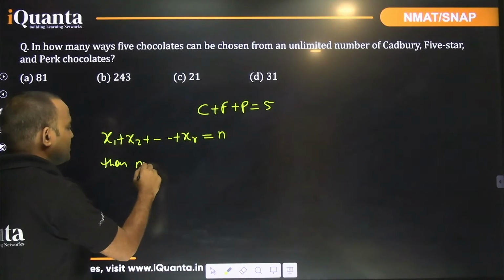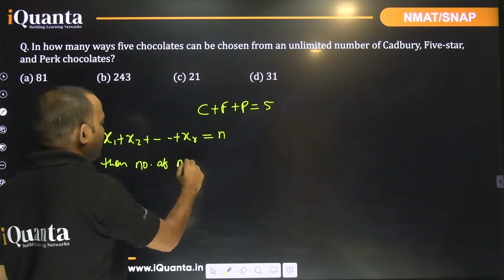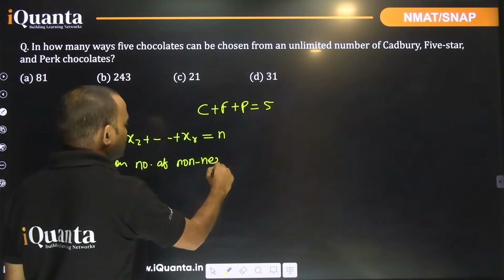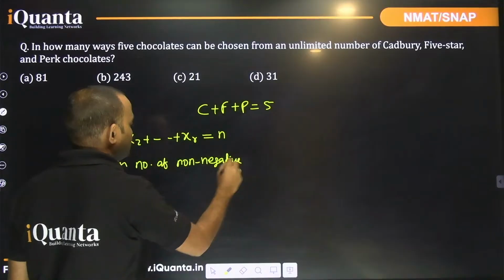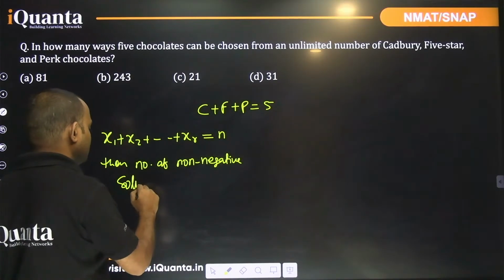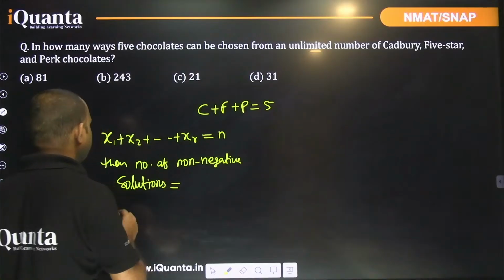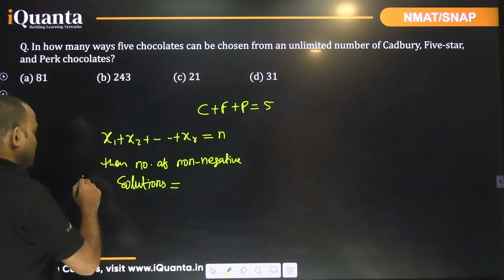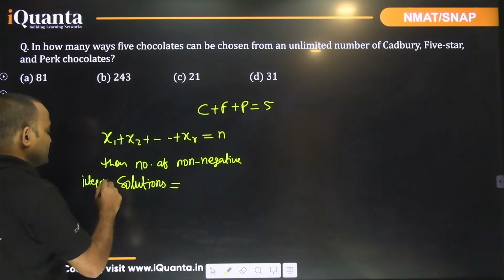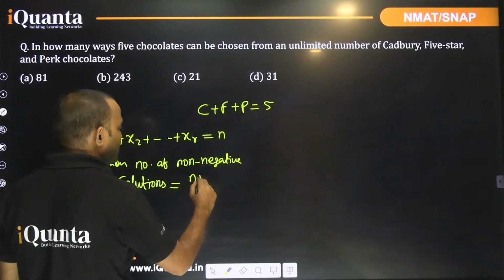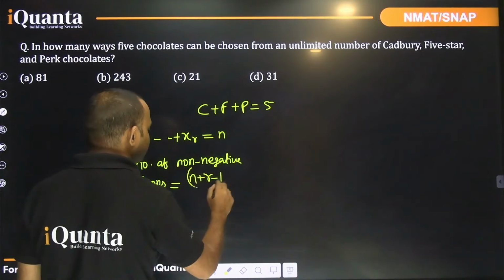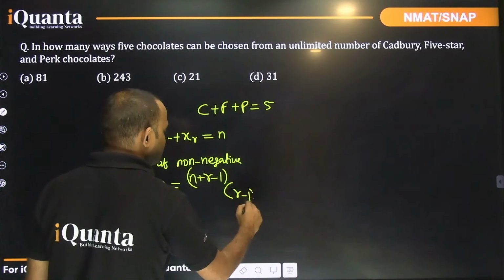Then the number of non-negative integer solutions will be equal to n plus r minus 1 C r minus 1.